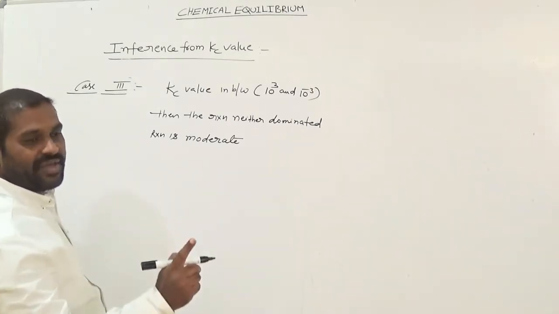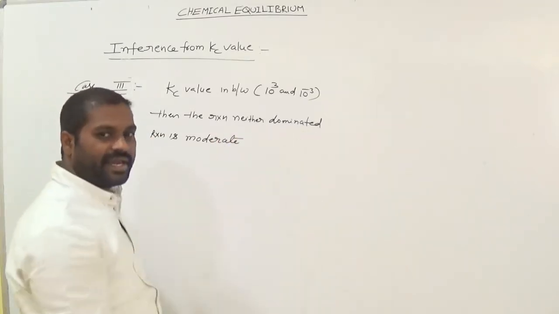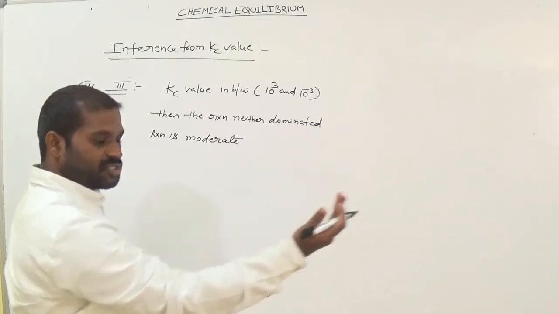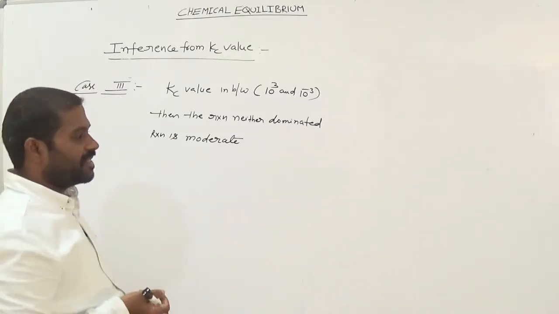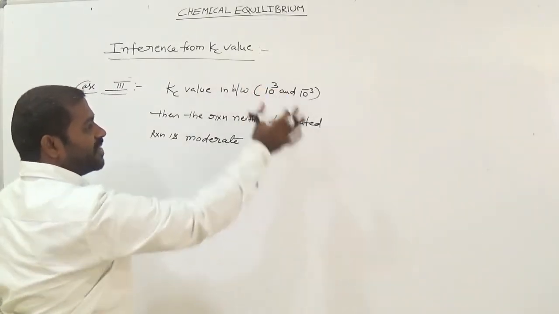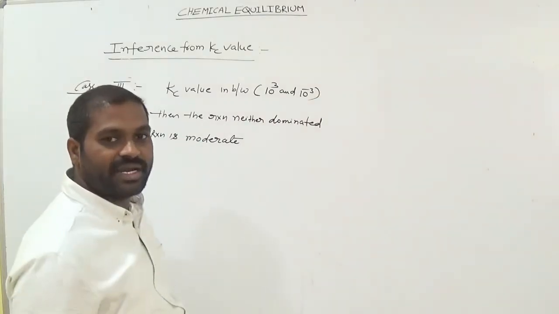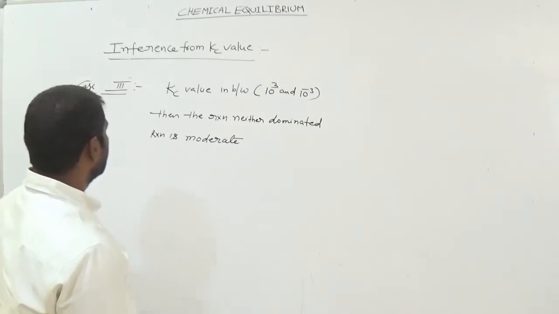So at high Kc value the reaction favors the forward direction. At low Kc value the reaction moves towards the backward direction. In between these two values the reaction is at moderate condition. Okay.